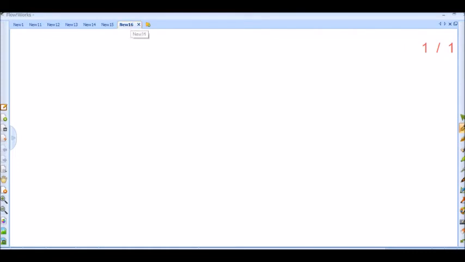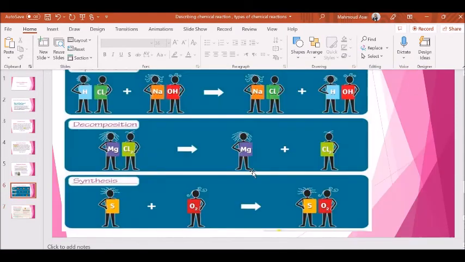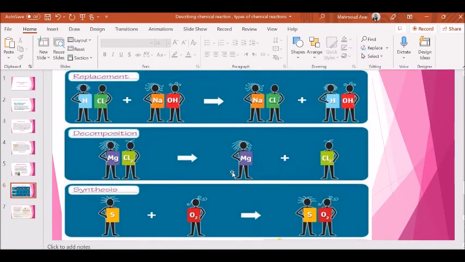I'd like you to have an idea about these chemical reaction types in this diagram. Chemical reactions have three types. Look at this one, for example, when you add HCl plus NaOH to form NaCl plus HOH. Here we have replacement. Why is it replacement? Because two elements replace each other.